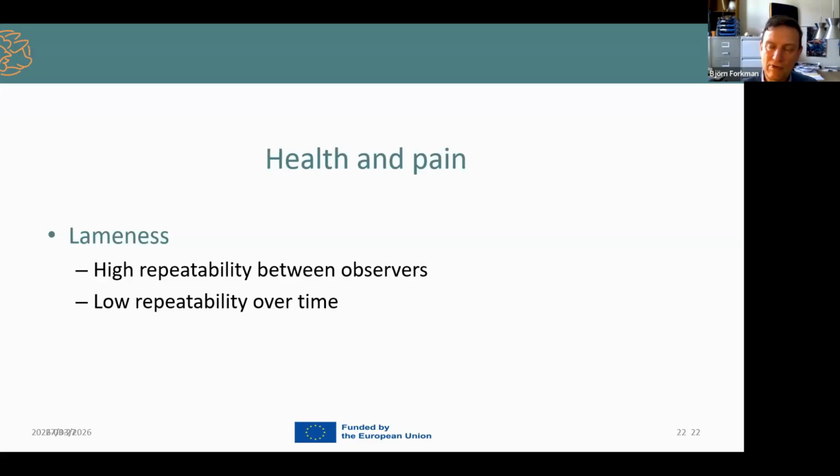So if you find a sow lying down and you shove it a bit to get it to rise up, it will seem to be lame during the first 5-10 minutes, but perhaps will walk normally after that. So there are lots of other factors affecting the level of lameness shown by the animals. But if we are looking at the animal at the same time, we will agree that, yes, this is a lame sow and this is not a lame sow, etc.